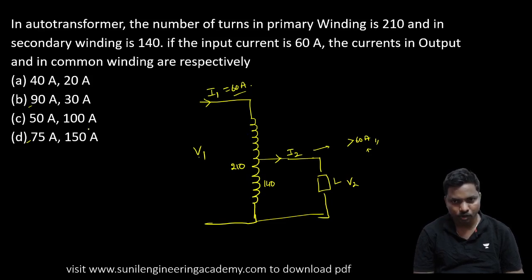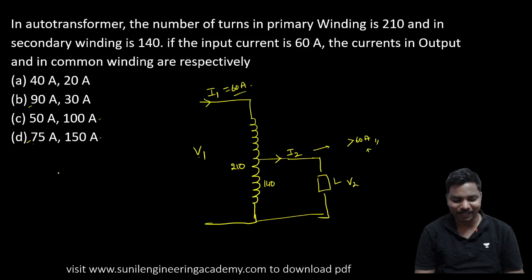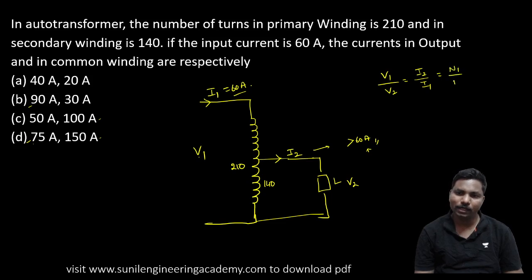Output current is greater than 60 amps. We have two options, 75 and 90. So we have to calculate. Let us take the ratio V1 by V2 is equal to I2 by I1, which is equal to N1 by N2.